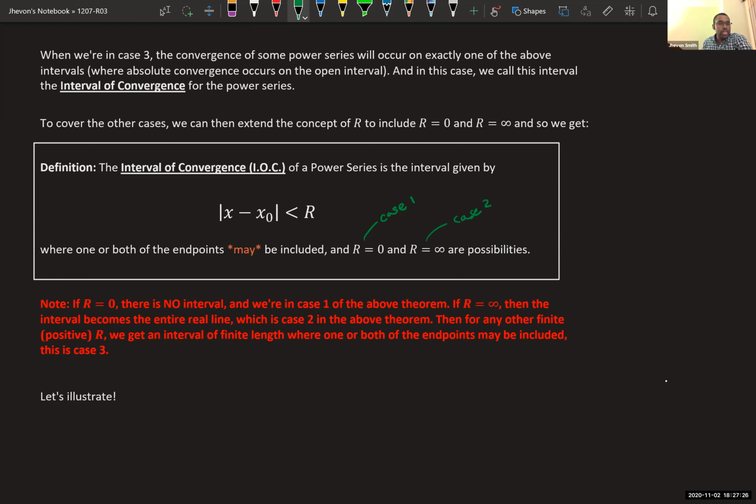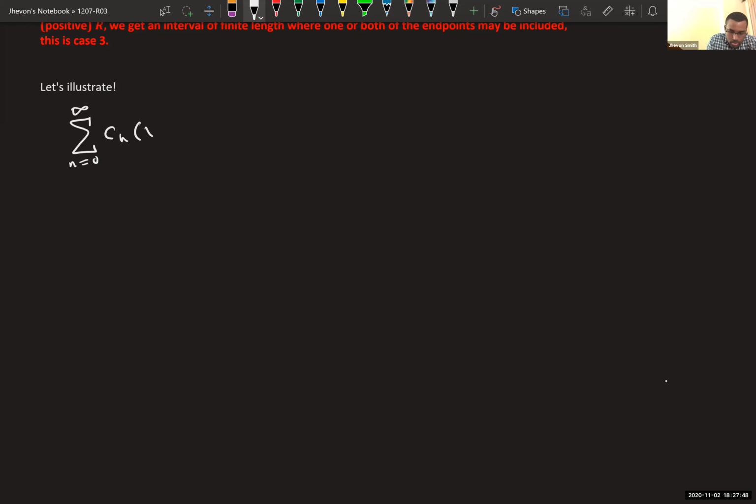So let's look at case one. I have some power series. That gives me C0 plus C1 (x minus x naught) plus C2 (x minus x naught) squared plus dot dot dot.